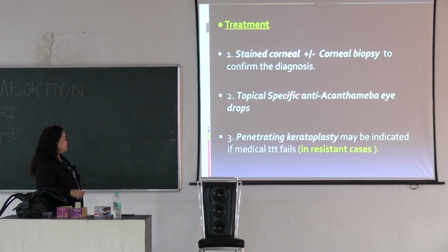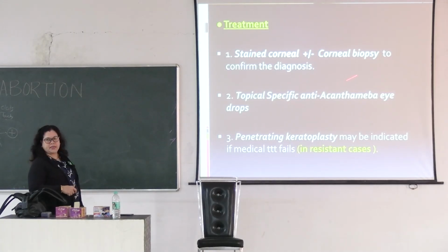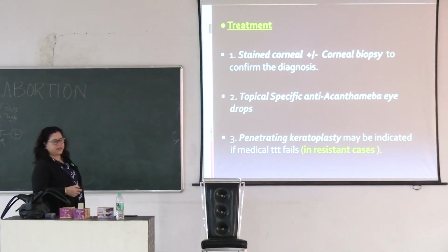Then specific Acanthamoeba eye drops are also given in severe cases. So, these are the primary treatment according to culture and sensitivity, and the general measures are the same as other corneal ulcers.